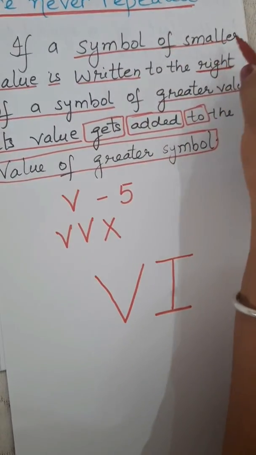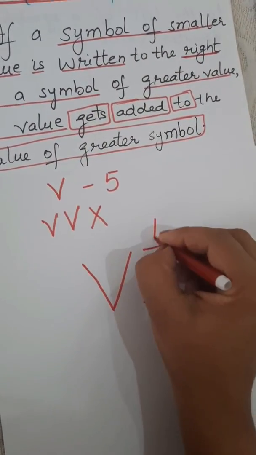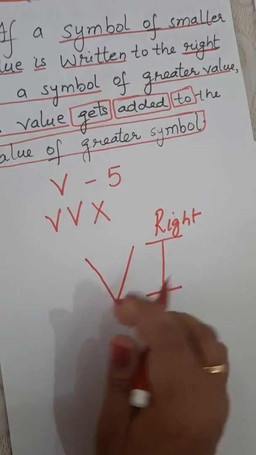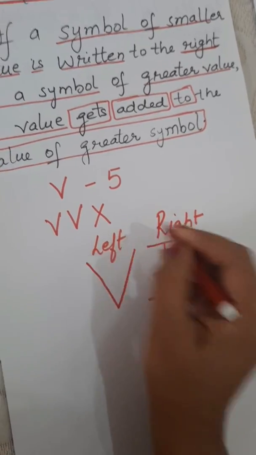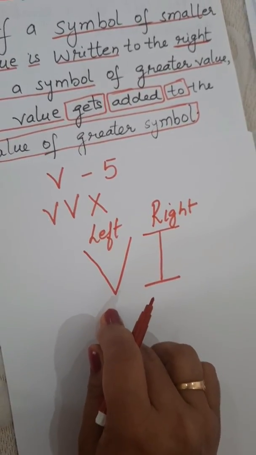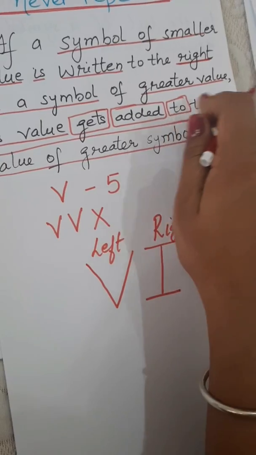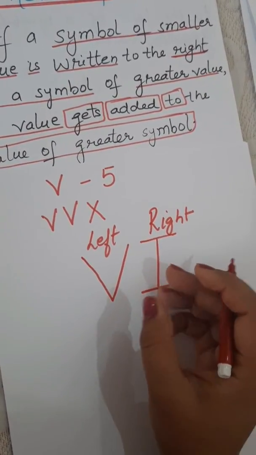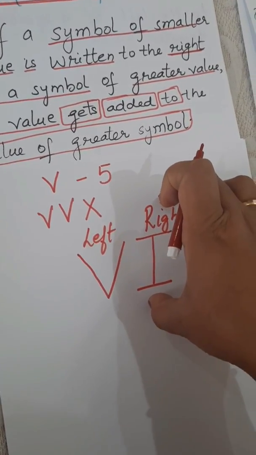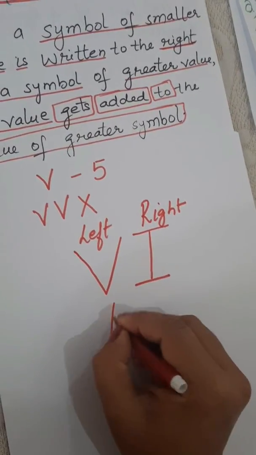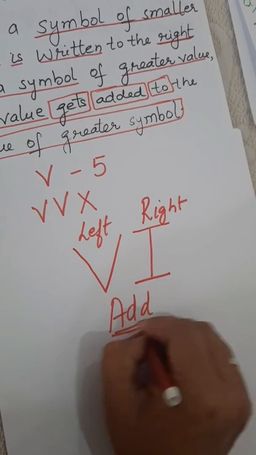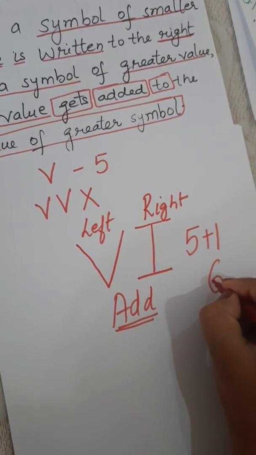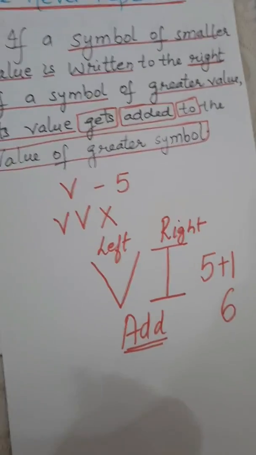If a symbol of a smaller value is written to the right of a symbol of a greater value, then its value gets added to the value of the greater symbol. It means if the smaller symbol is written to the right of the greater value, then we will add these. Then it becomes 5 plus 1 equals 6.